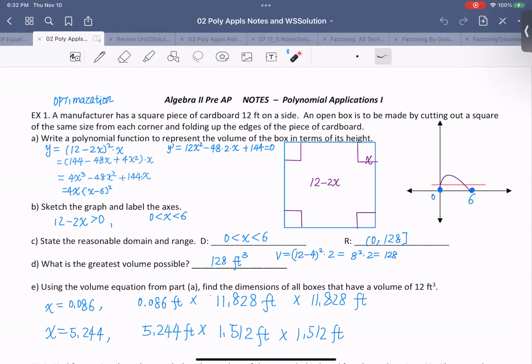You can cut the four corners with four small squares. You cut this corner, a small square, and you cut another small square on this side.